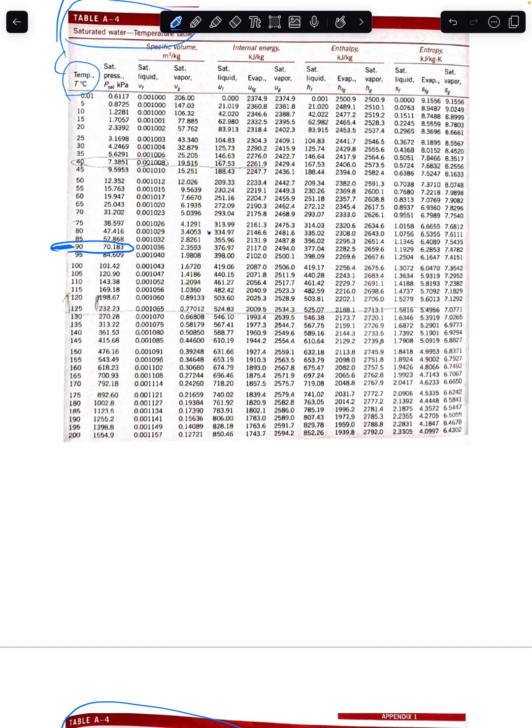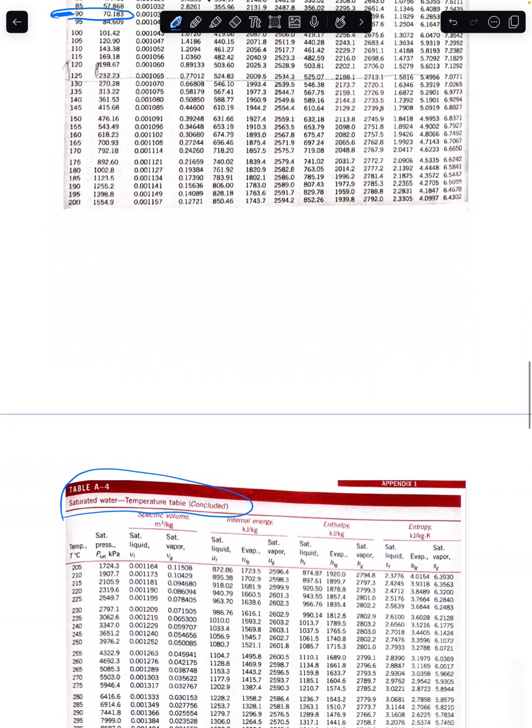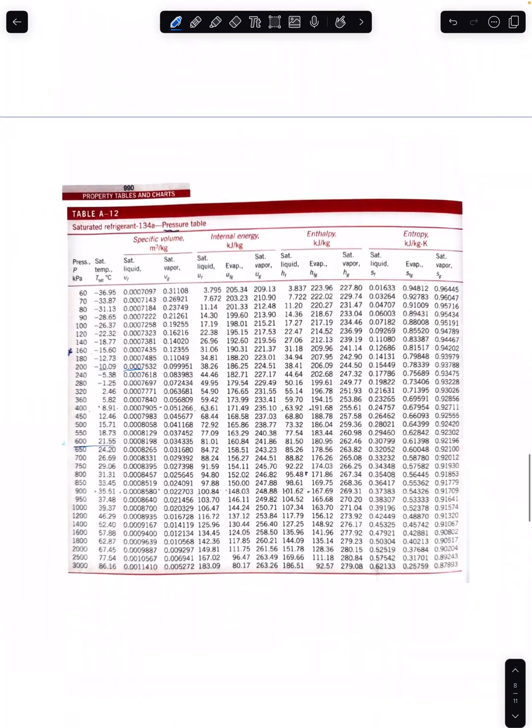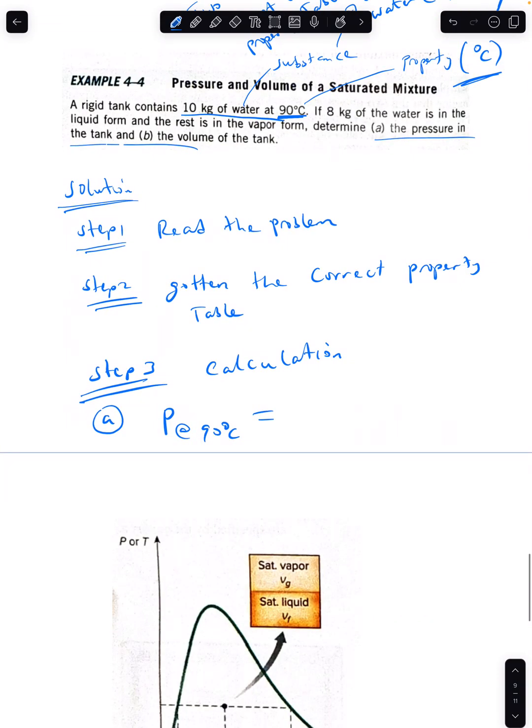It's 70.183 kilopascal. So the pressure is just gotten from the property table. From the property table, we just get the temperature, rather. Sorry, excuse me. So that's how we get the pressure from the property table.